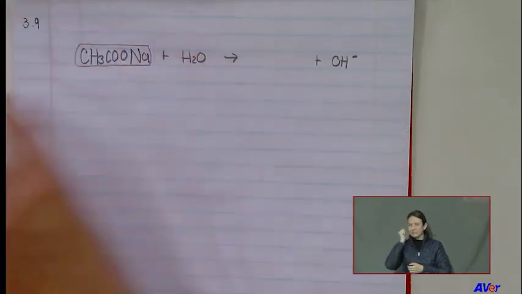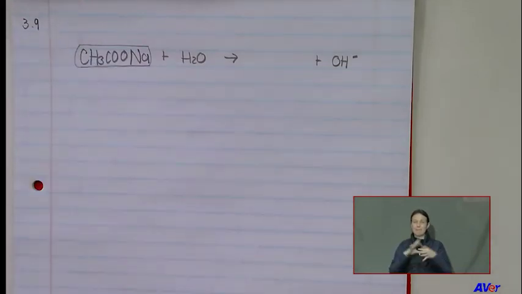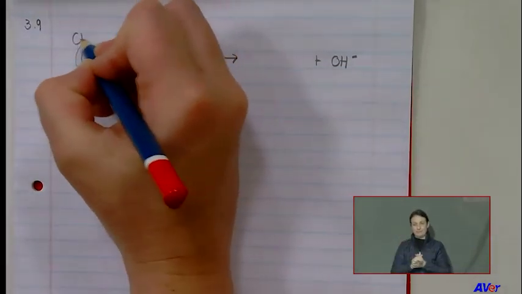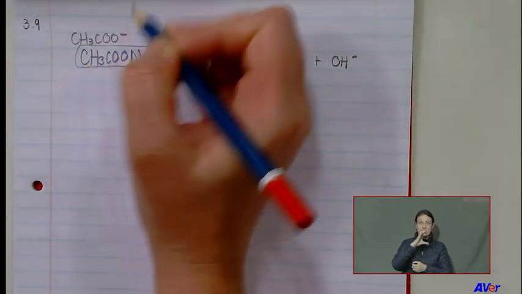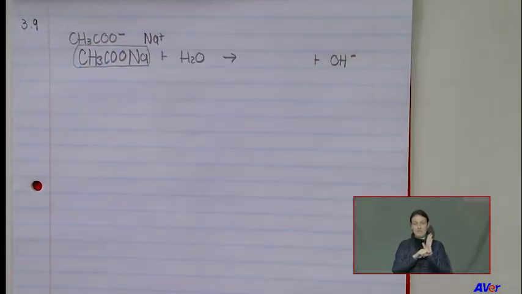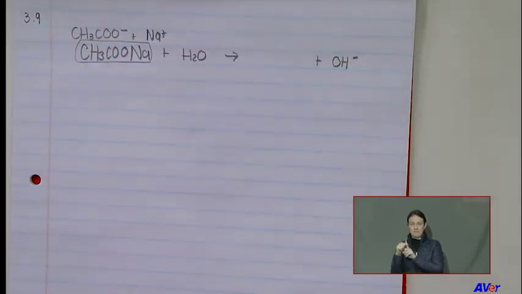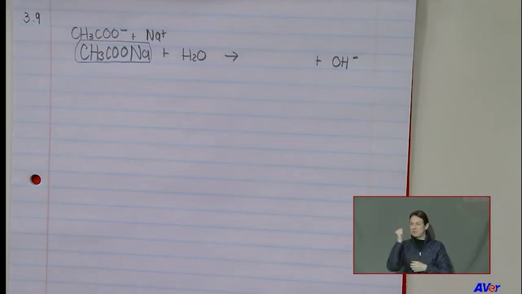Now, let's look at what is left. What's going to happen here is, it is going to break up into its ions, okay? So here we're going to have CH3COO negative, and Na plus. Happy with that? Now let's think of water. What happens to water? Water auto-ionizes and it forms hydroxide and hydrogen ions. Okay?